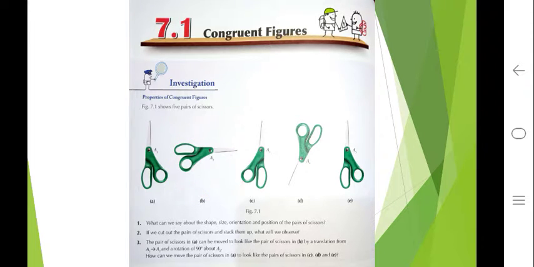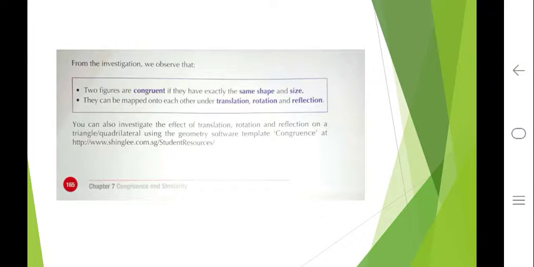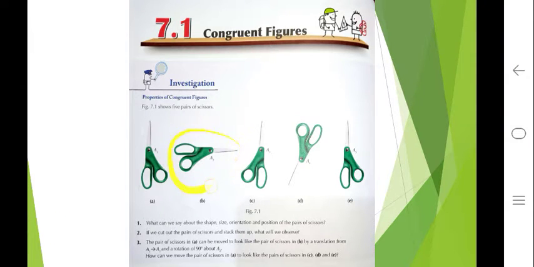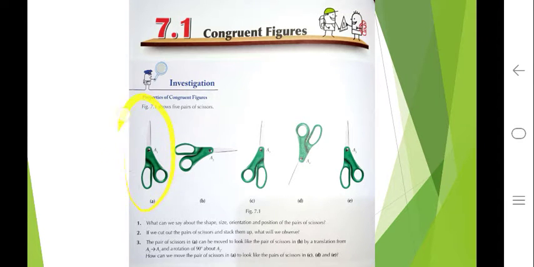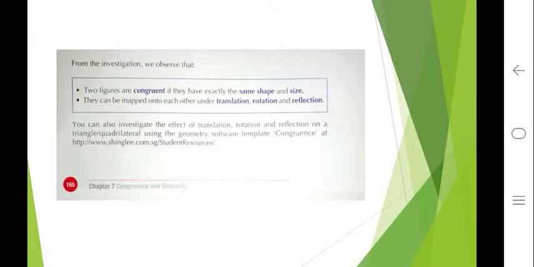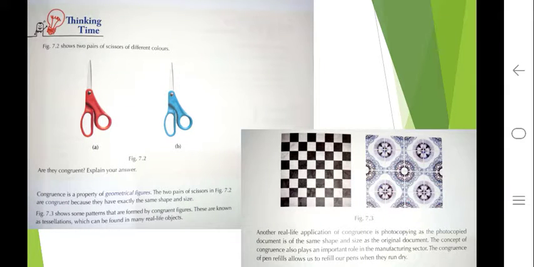So through rotation and translation, I rotate this back 90 degrees counterclockwise, and then translation means to move the thing. I move it to the left a bit. I can map this scissor onto the other scissor completely. So they're actually the same thing, so we can call them congruent.